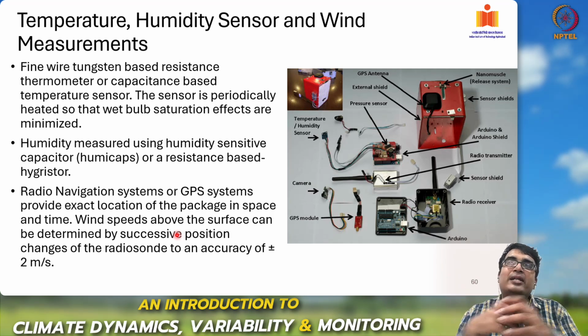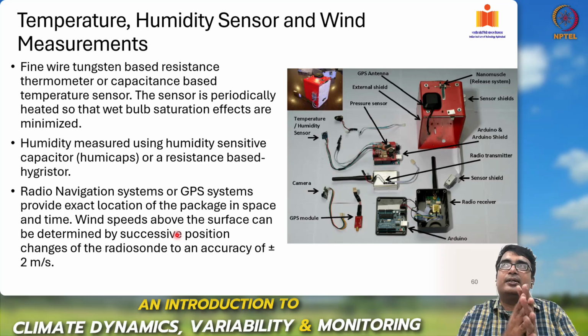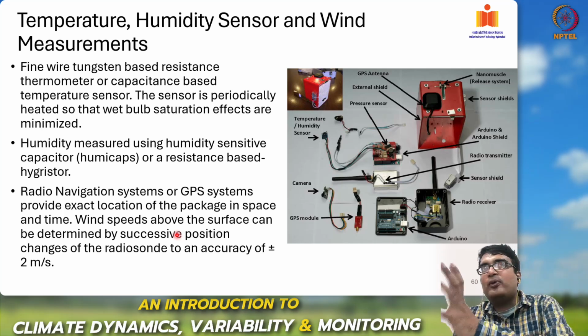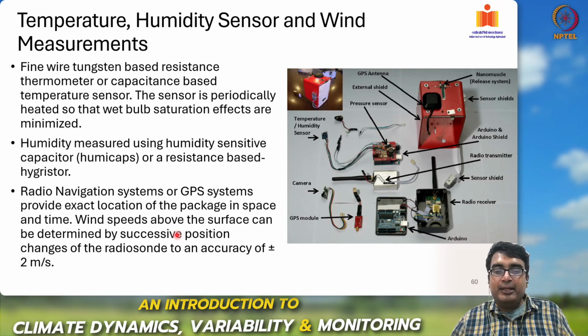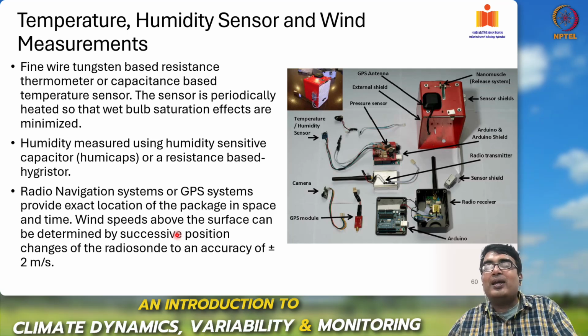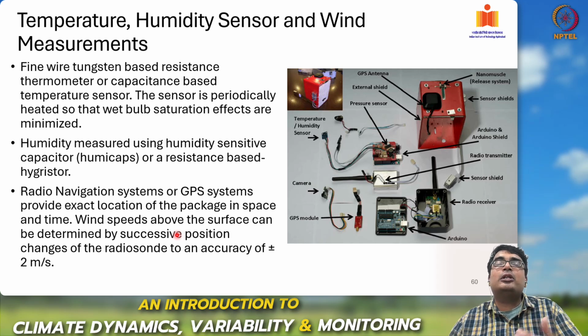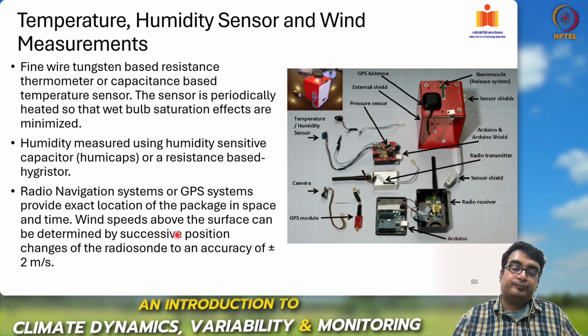Knowing the weight of the radiosonde and the speed at which its displacement is happening, you can calculate the wind velocity that the balloon and the radiosonde instrument package is exposed to during its ascent. That way wind speeds can be inferred based on the location data of the radiosonde during its ascent stages.